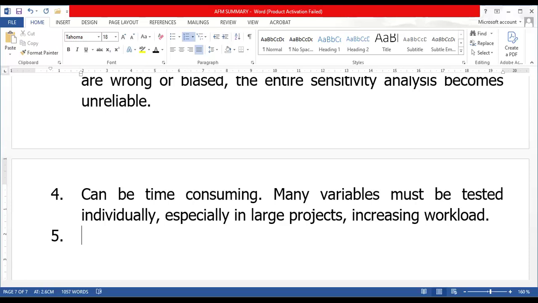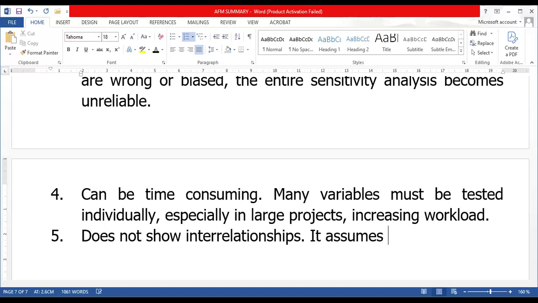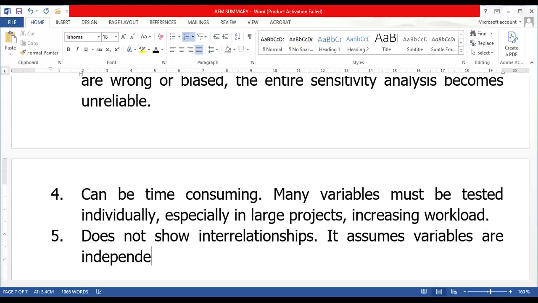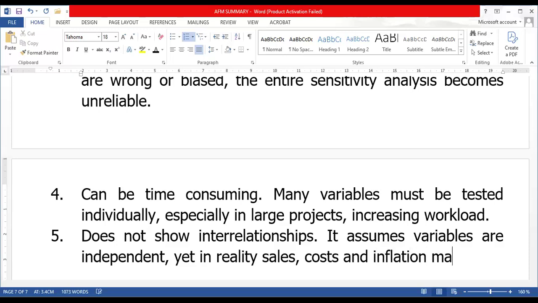And also, one of the weaknesses as well is that it does not show the interrelationships. What does this mean? It assumes that variables are independent, yet in reality, things like sales, costs, and maybe inflation may be linked.